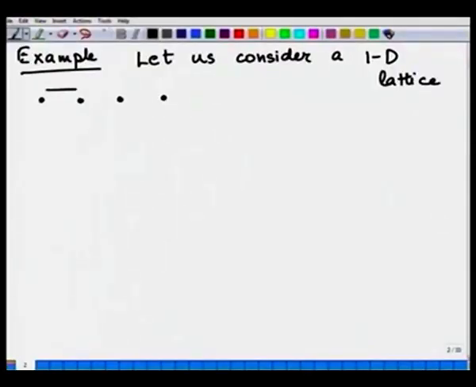Let us say it is a one-dimensional lattice with a lattice parameter of a. So this is the lattice parameter a. If we consider this to be the origin and this as the x direction, then I will define my lattice vector. What is the lattice vector for this?